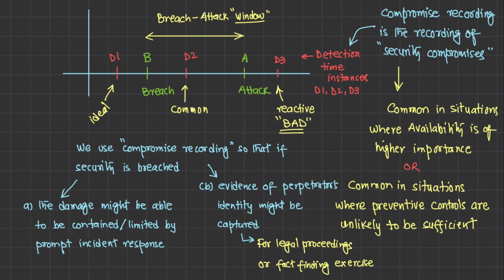But mostly it's not ideal in all situations. Most of the time, which is common, we get an alert or a breach incident once the breach happens. So that is D2.